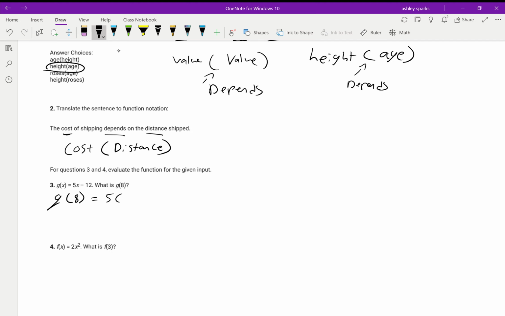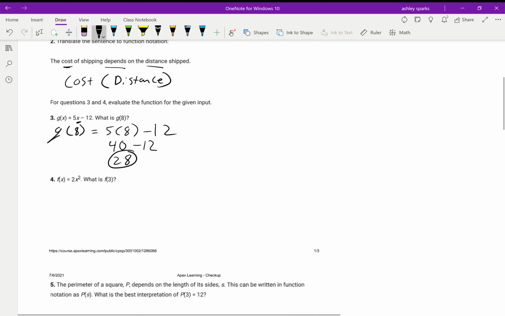So we have g of 8 equals 5, replace x with 8, minus 12. Now we do some calculation. 5 times 8 is 40, minus 12, and you do that calculation, I believe you get 28. So you'll have about $28 if this was talking about money. Okay? So what these functions are doing is simply replacing x with a given value.